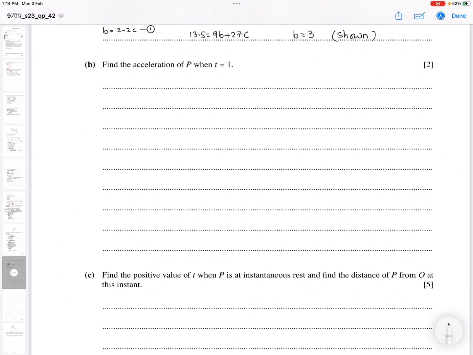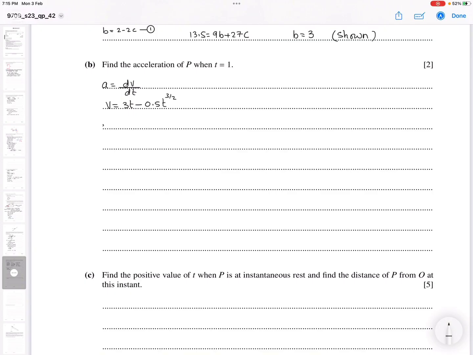In part B, find the acceleration of p when t is equal to 1. So acceleration is derivative of velocity, dv over dt. So write down the equation of velocity, which is 3t minus 0.5 t power 3 by 2.